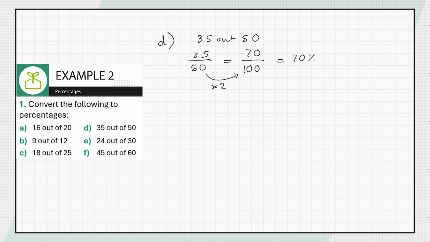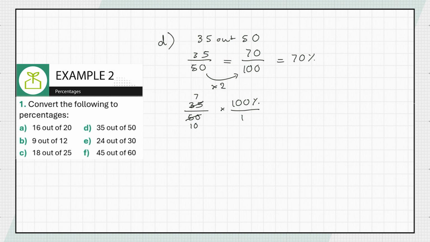Now you can do it the other way. You can involve cancelling and you'll get the exact same answer. So if I do 35 over 50, and I multiply this by 100% over 1, and I look for any common factors, I can see that here I'll have a common factor of 5, so I will divide the bottom by 5 and I will get 10, and the top by 5 and I will get 7.